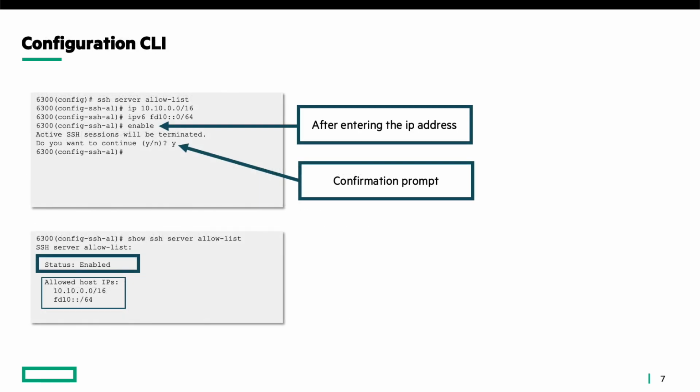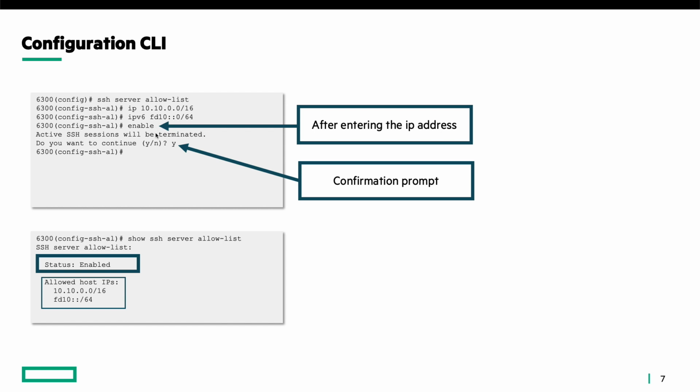So how is it configured? Again, and I really insist on that, first configure the IPv4 and IPv6 addresses for the network and the hosts which are going to be allowed to make an SSH connection, and then just enable.